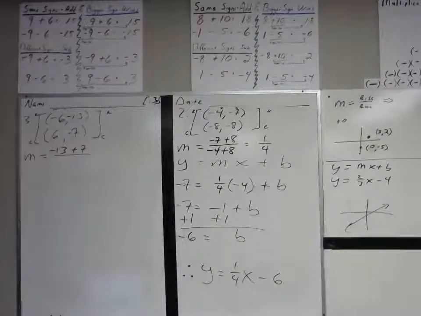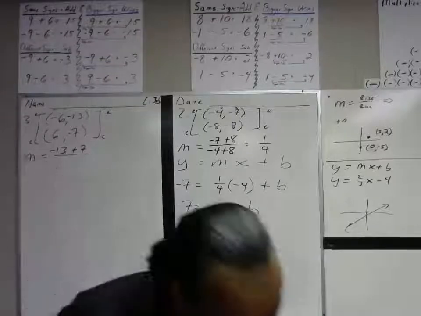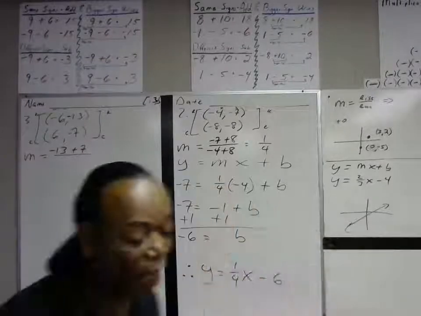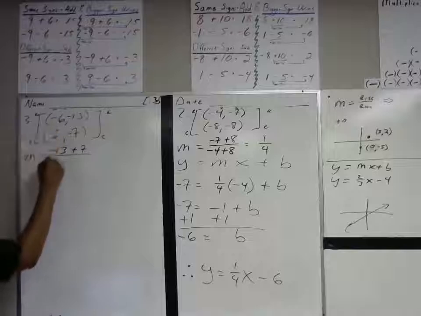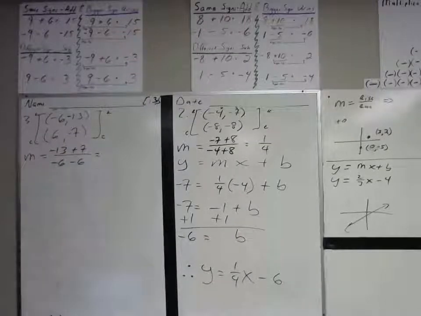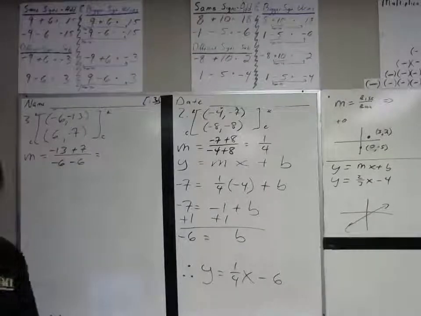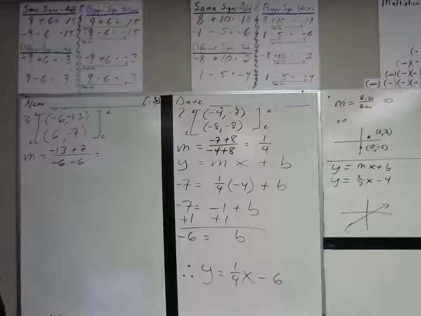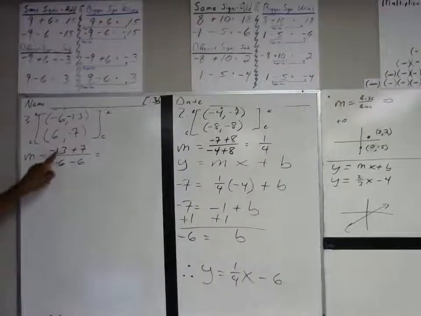Got it. Change the positive 6 to a negative 6. Oh, I have that wrong as well. So keep negative 6, change the positive 6 to a negative 6. Okay, that's good. All right.